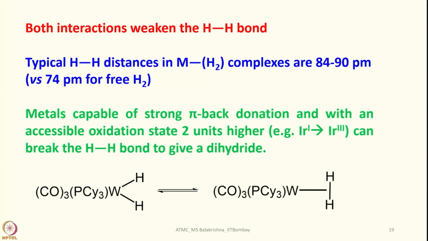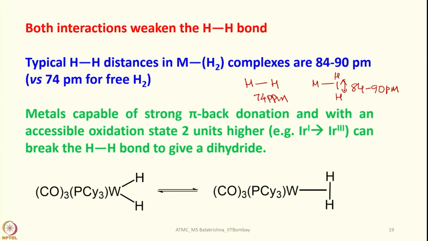So, the HH distance in the free molecule is 74 pm. When it is binding to a metal, this distance will be in the range of 84 to 90, depending upon to what extent these electron pairs are drifted more towards the metal atom.